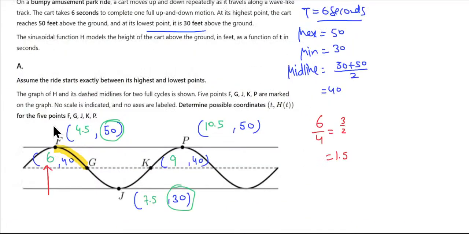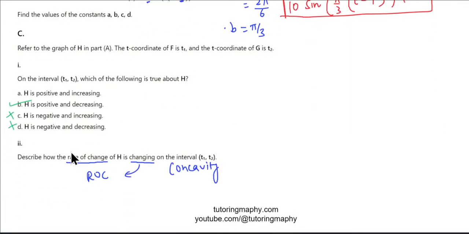And we can see that the yellow portion is concave down, right? So concave down means its ROC is actually decreasing. I'm going to say it is decreasing, because ROC decreasing means concave down, and ROC increasing means it is concave up, right? That's how this works.